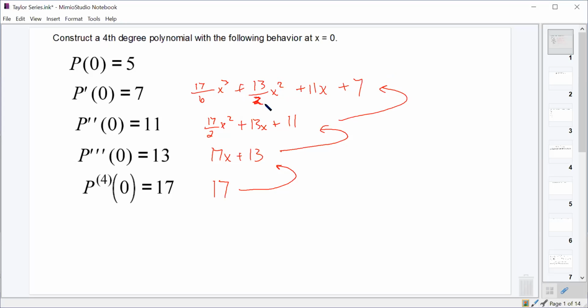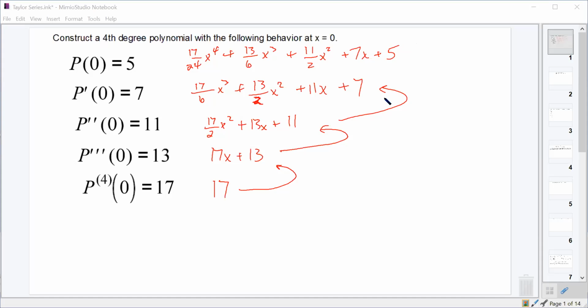And what about the last one here? Should have been our actual function, 17 24ths x to the 4th plus 13 sixths x cubed plus 11 halves x squared plus 7x plus 5.